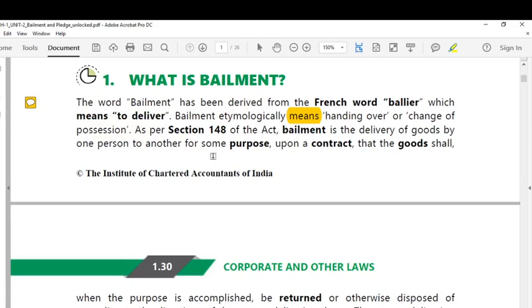So bailment, simply, has a very simple meaning. Bailment means handing over or change of possession.